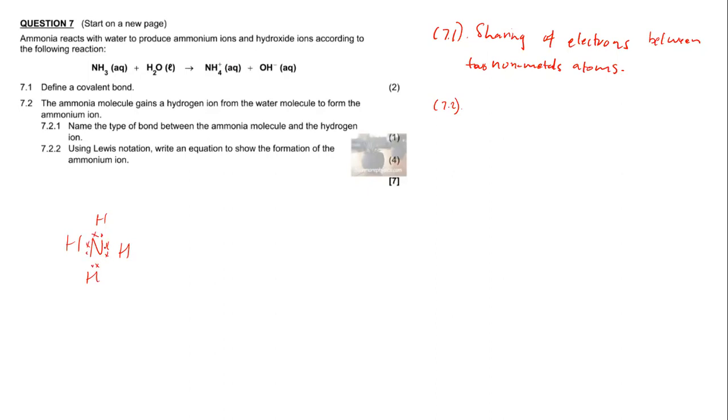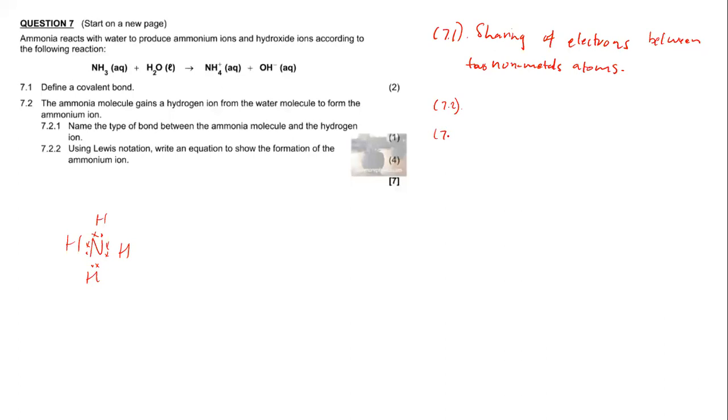These were lone pairs of ammonia, but because water has donated a hydrogen ion to ammonia, we're going to have a molecular structure that looks like this, whereby this hydrogen, even though it didn't contribute any of the electrons, will share the lone pair of ammonia. So this type of bond between this hydrogen and this nitrogen is called the dative covalent bond, or the coordinate covalent bond.